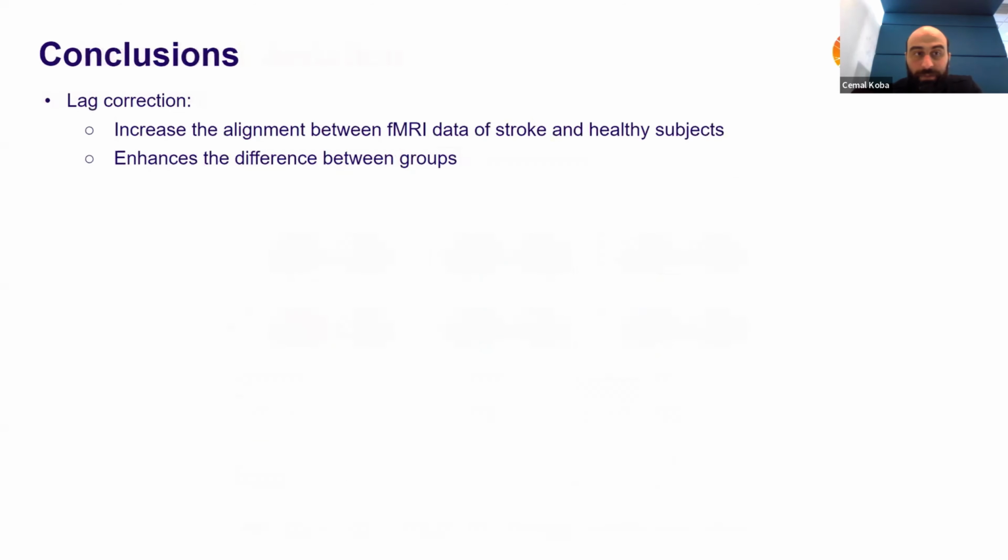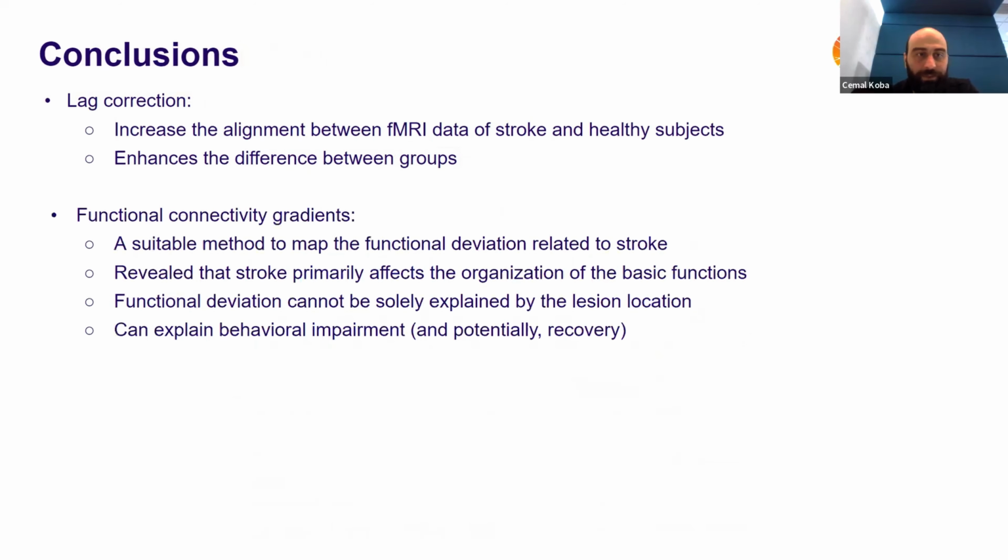So, conclusions: lag correction increases the alignment between fMRI data of stroke and healthy subjects and enhances the differences between groups. So we highly recommend it. And functional connectivity gradients is a suitable method to map the functional deviation related to stroke. And stroke primarily affects the organization of the basic functions rather than advanced functions.